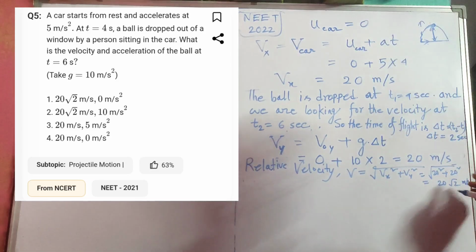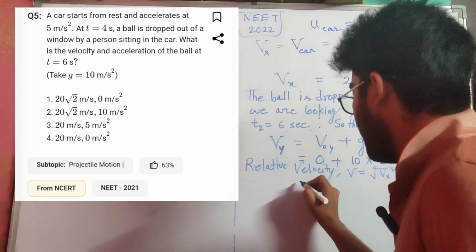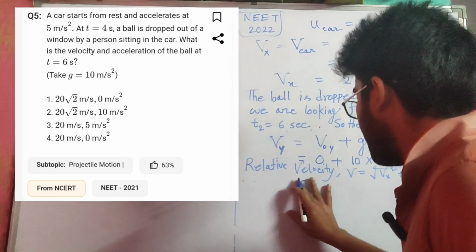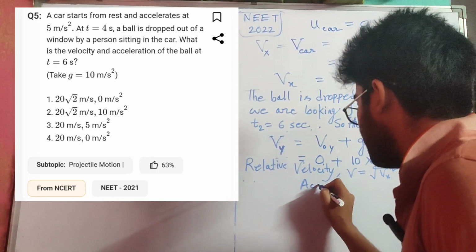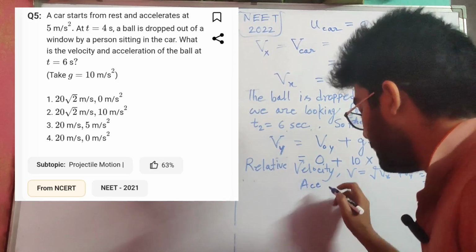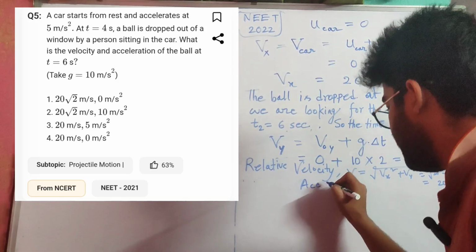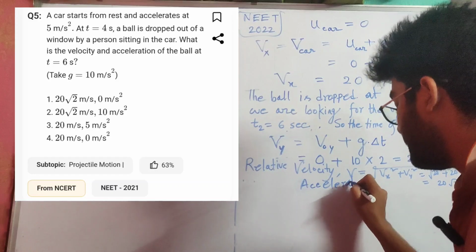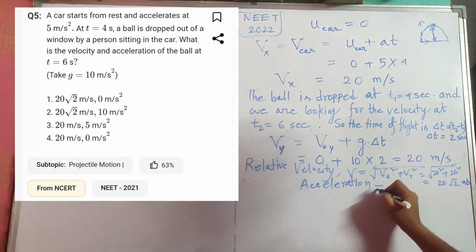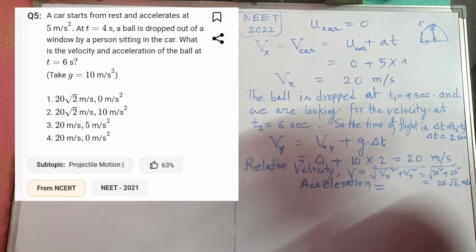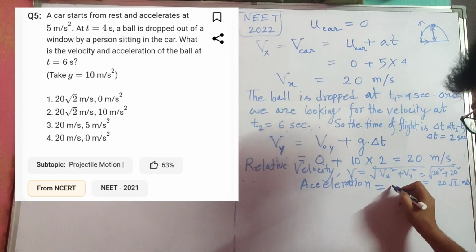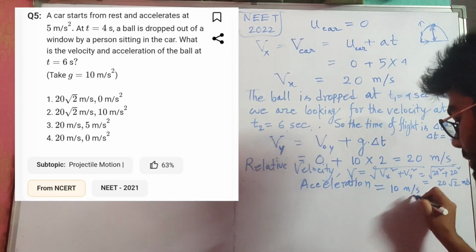The relative velocity, we know, is 20 root 2 meters per second, and the acceleration is equal to the acceleration due to gravity, that means 10 meters per second squared.